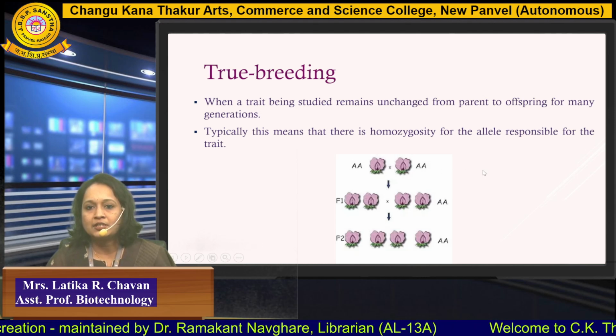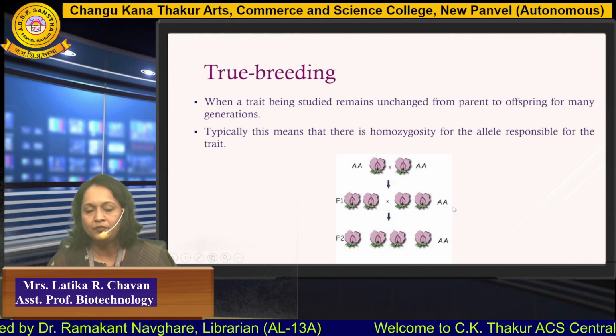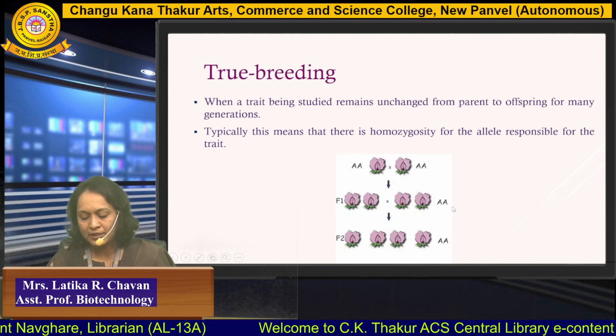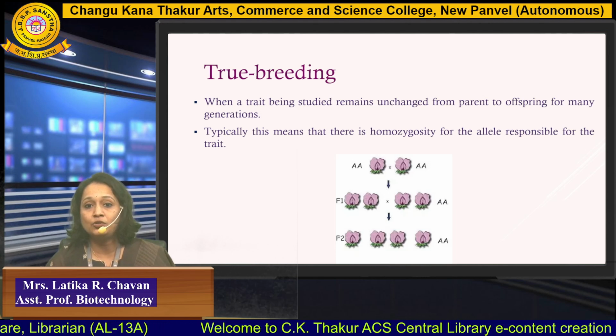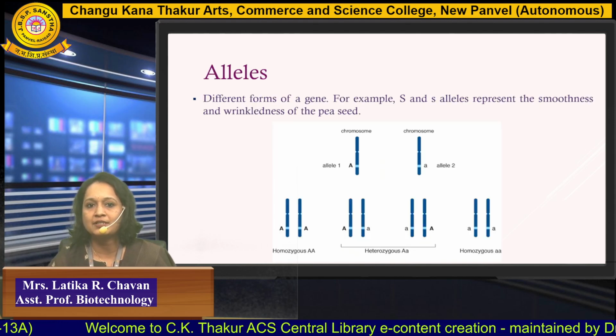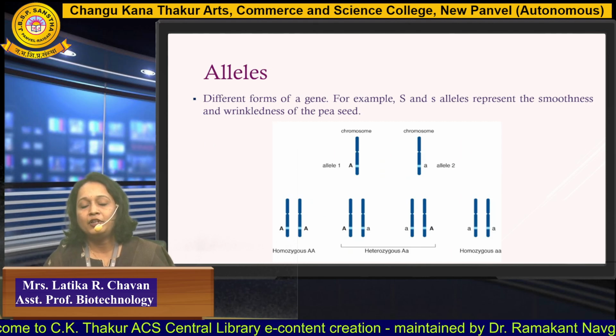In F1, the first filial generation, you are going to get the AA genotype only, which is homozygous dominant. In F2 also the generation will remain the same. That means generation to generation the organisms produce similar kinds of offspring, and that is called the true breeding concept. Alleles are the different forms of a gene.